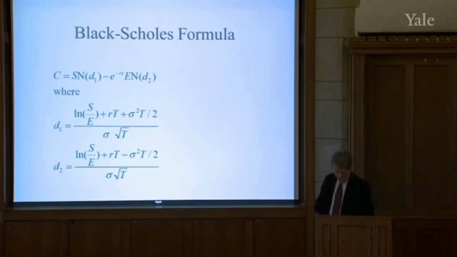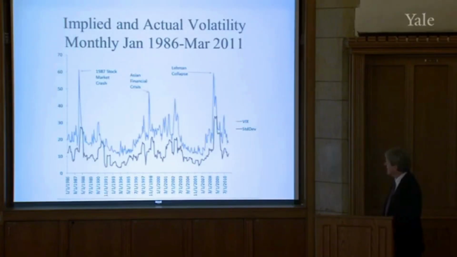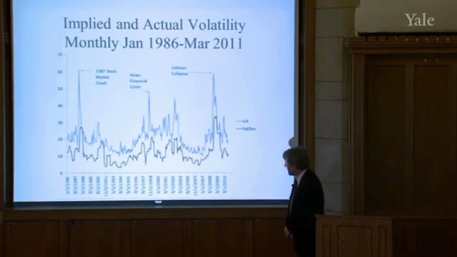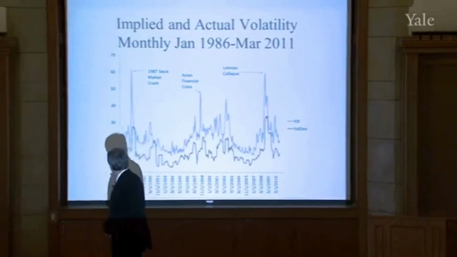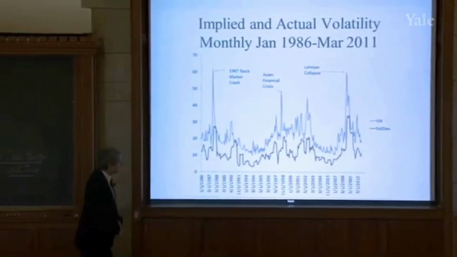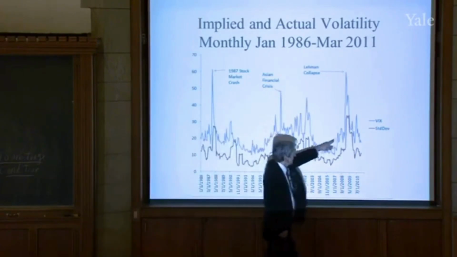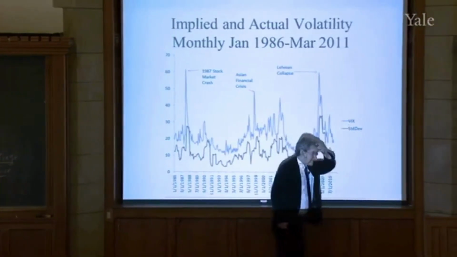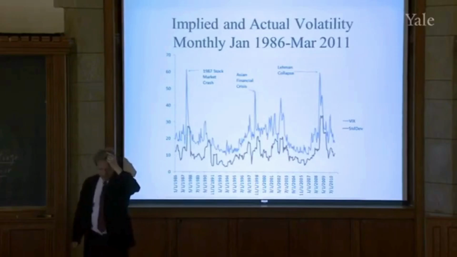So one thing we can do is compute implied volatility, and I have that here on this chart. What I have here from 1986 to the present with the blue line is the VIX, which is computed now by the Chicago Board Options Exchange.